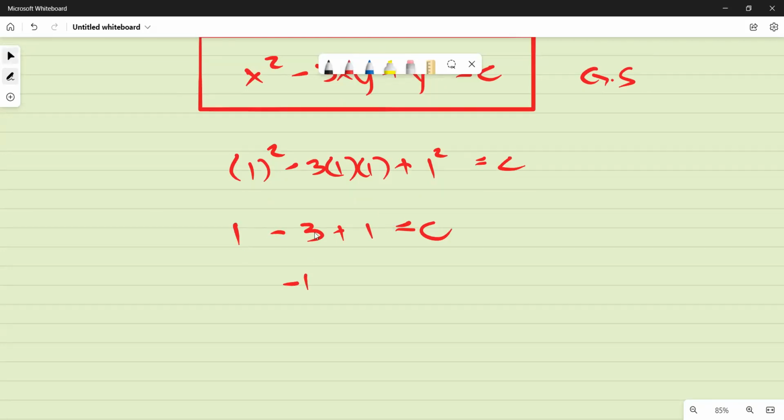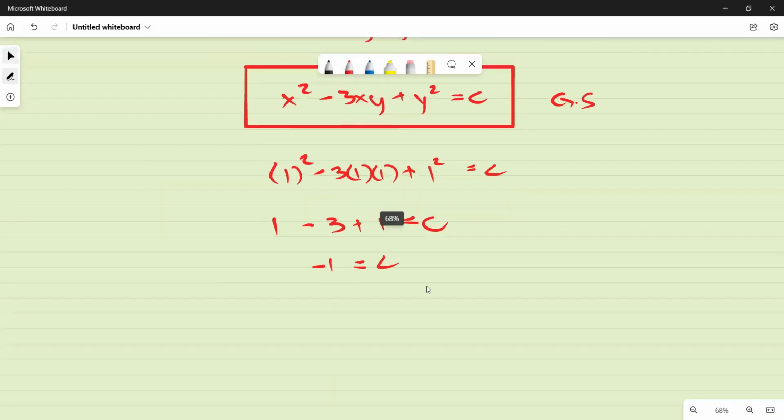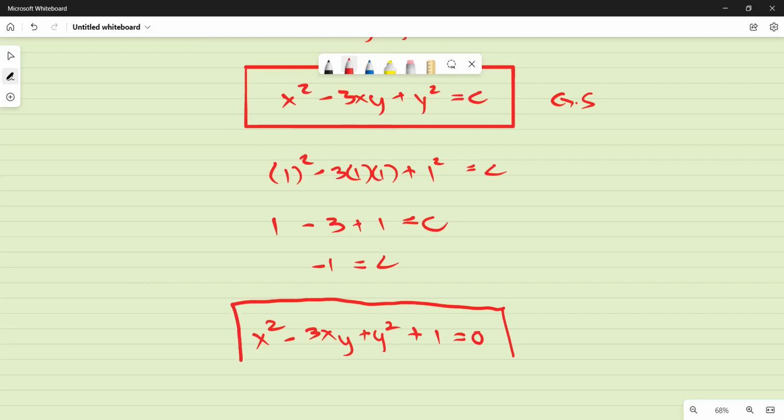Kasi 2 minus 3 is equal to negative 1. Therefore, our particular solution, i-rewrite nyo lang yan, that is equal to x squared minus 3xy plus y squared is equal to negative 1. Or para mas maganda, lipat nyo na lang sa kabila. Plus 1 is equal to 0. Yan. This is your particular solution.